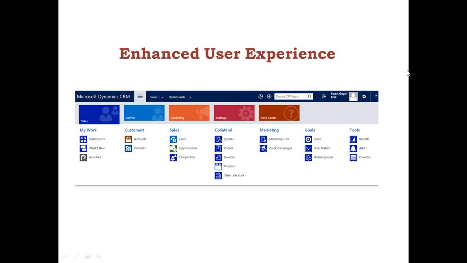Whenever we take our pointer on this specific area in CRM, it will open a drop down, and in this drop down we can see the various functional areas like sales, service and marketing and settings and so on. If I want to further see the options available within sales or service or marketing, we can click on sales and see the remaining options. This enhancement is available both for Dynamics CRM 2016 on premises as well as the online version.